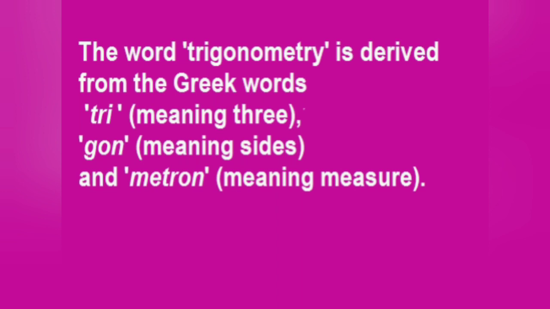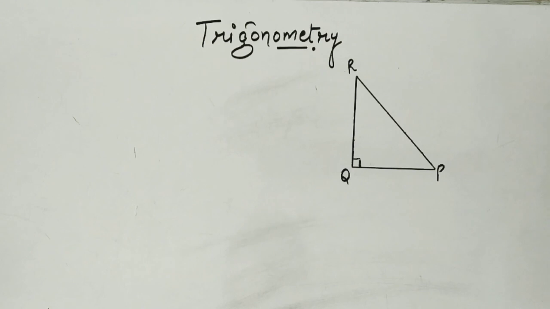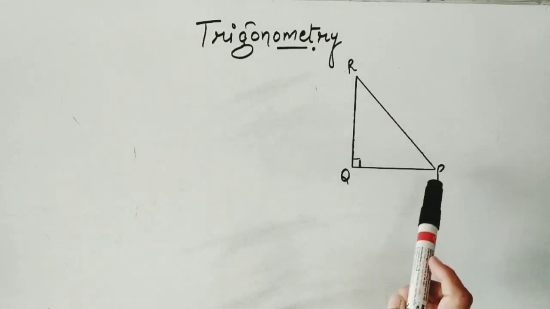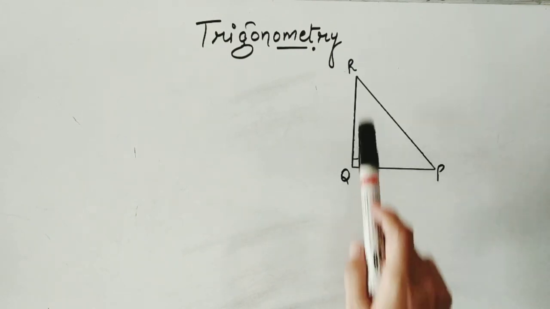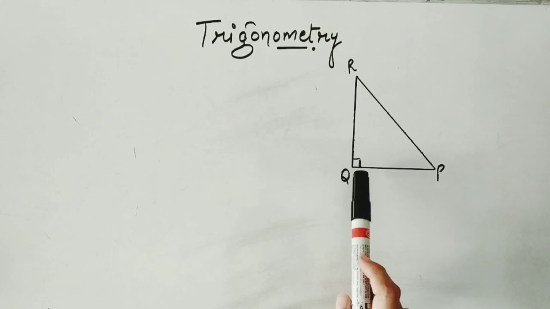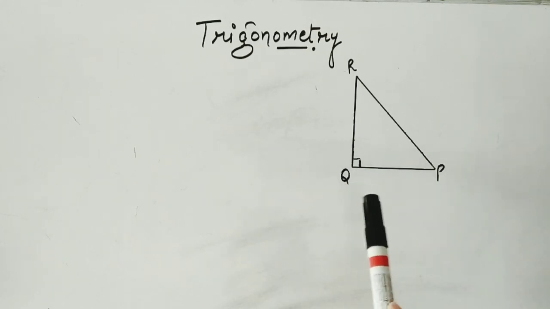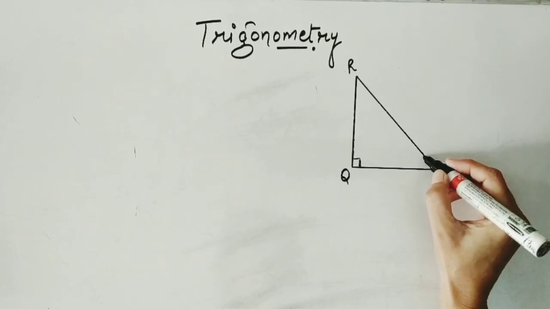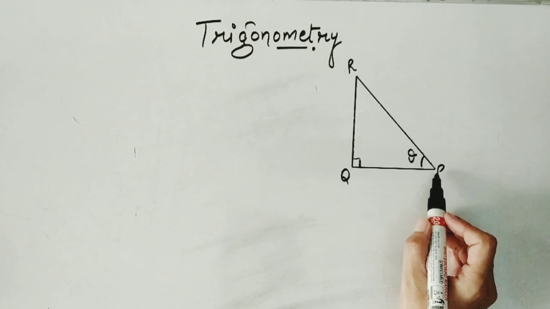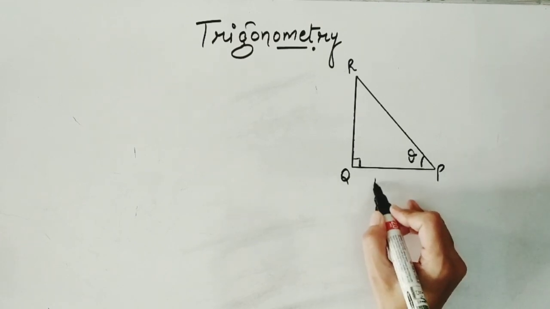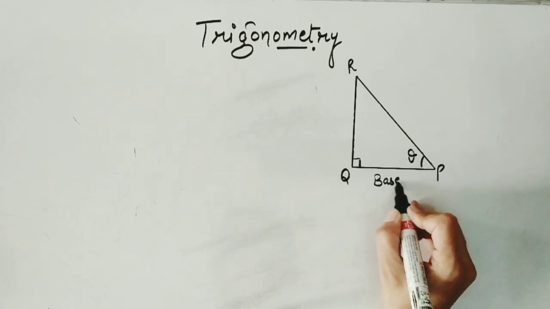So let us see what we have in this. Trigonometry, we know, is a branch of mathematics which deals with right angle triangles. Here we observe there is a triangle PQR which is right angled at Q. Now, suppose I mark this angle as theta, then side PQ would be the base.